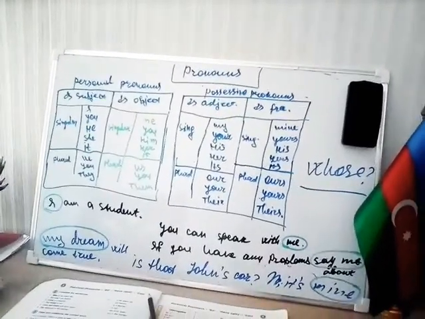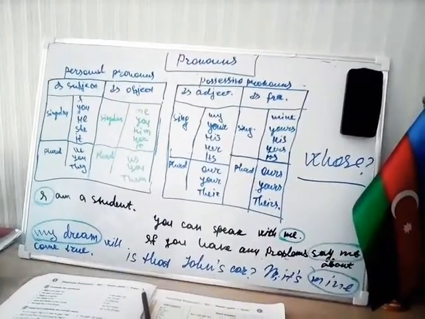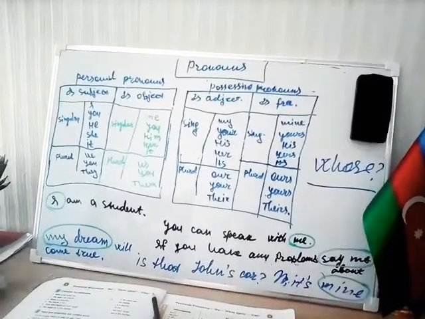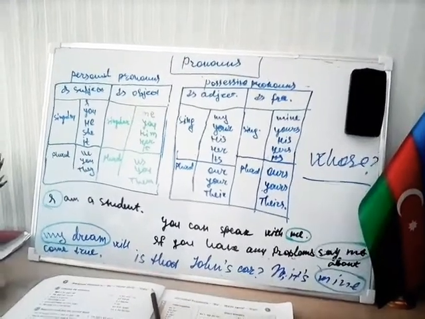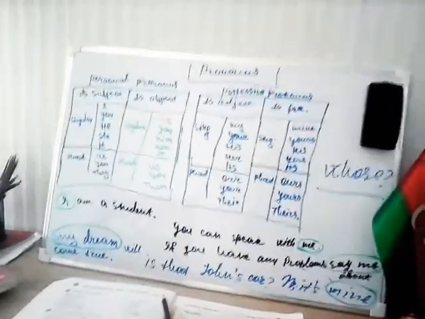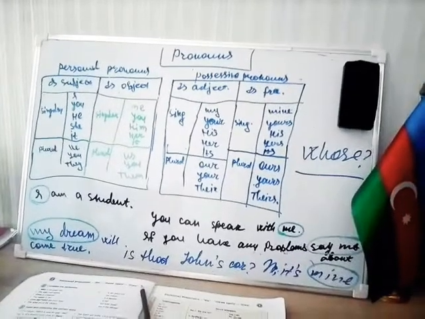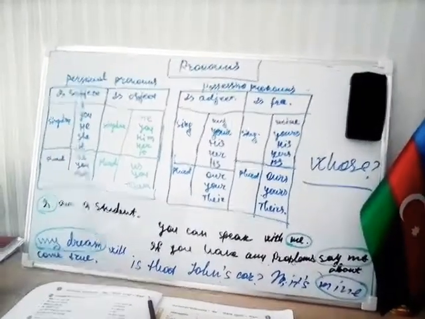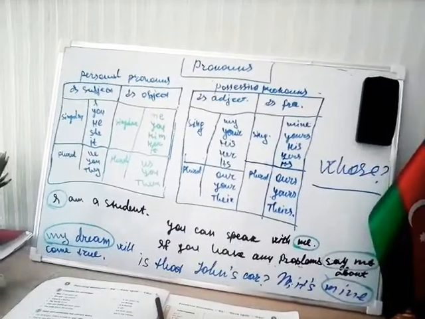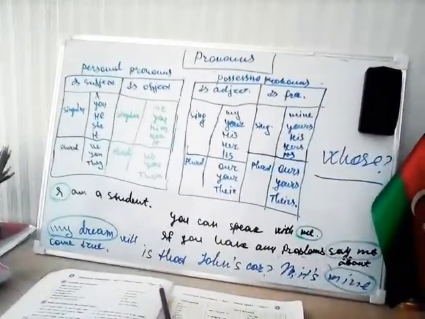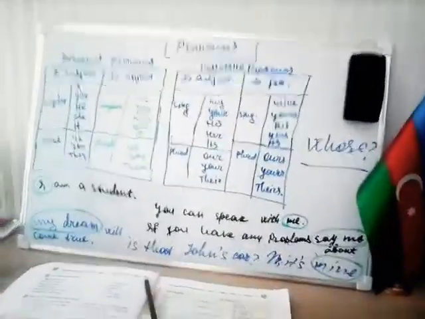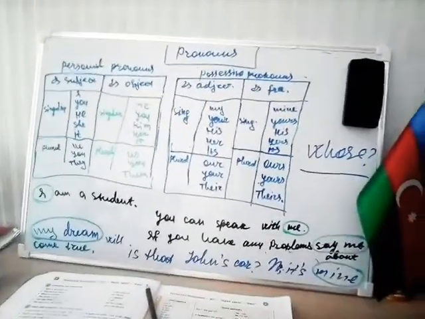We can use possessive pronouns and nouns after of. For example, Susan is one of my friends, or you can say, Susan is a friend of mine. You can finish the sentence with these pronouns, because after them we don't use anything.